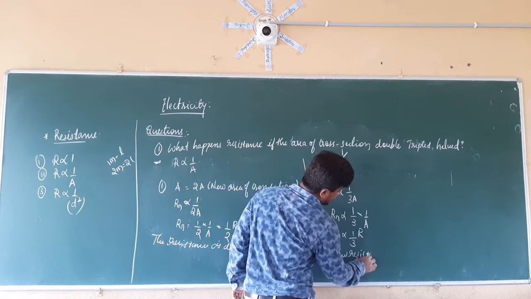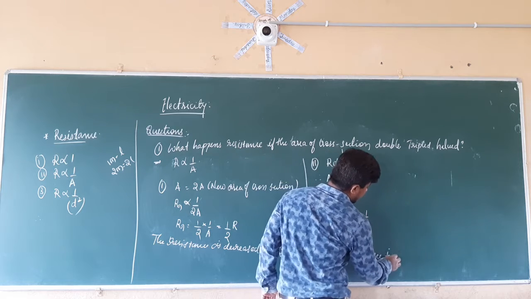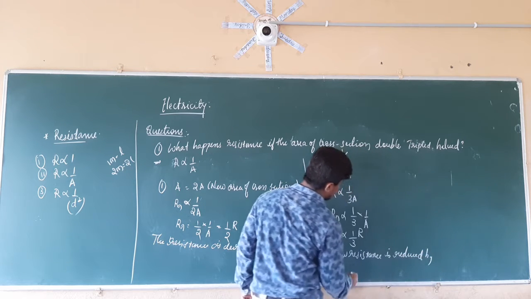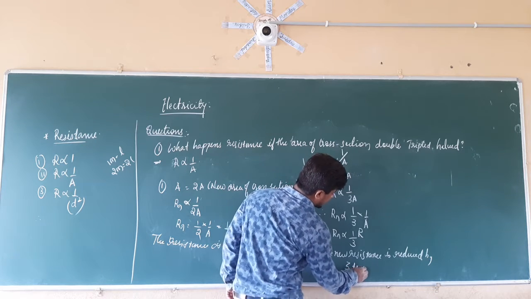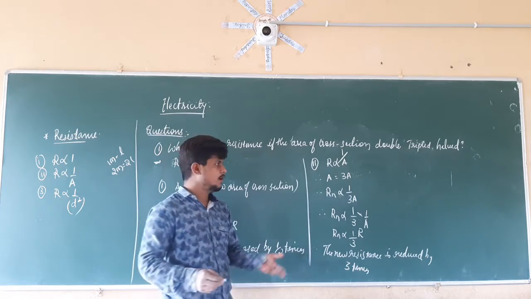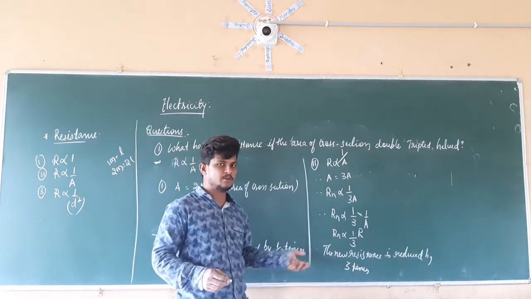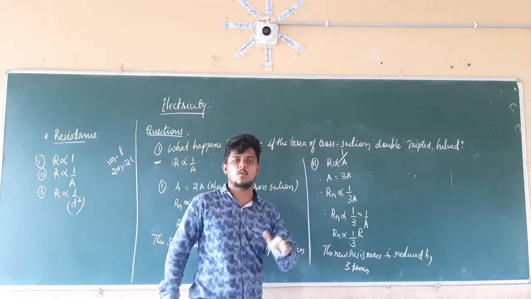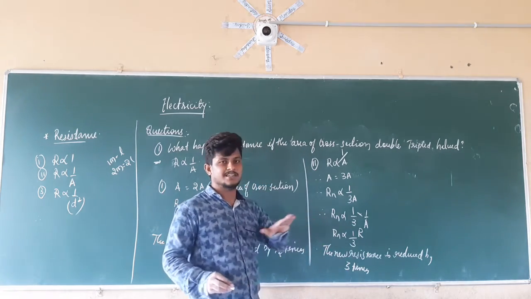So the new resistance is reduced by 3 times. So whatever the initial resistance is, say 3 ohm, after the area of cross section is increased 3 times, the new resistance becomes 1 ohm. That is nothing but it is reduced by 3 times.